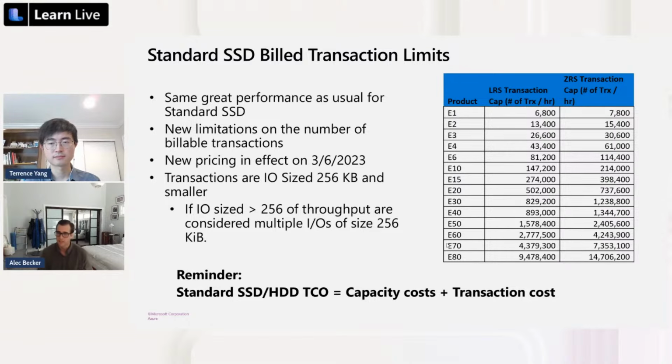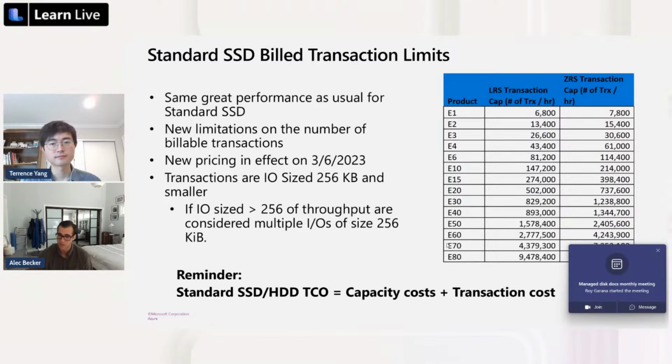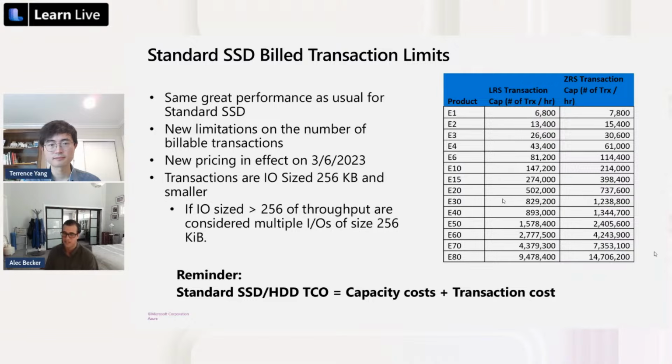If you take a look at this table, for an E1 disk with locally redundant LRS, for a given hour we'll only charge you up to 6,800 transactions. And roughly how we bill for a transaction varies by region, but for every 10,000 transactions done against the disk, it's about 0.2 cents. It's pretty dang cheap. We're placing these caps in place to help lower your cost and help encourage you guys to come use our products.